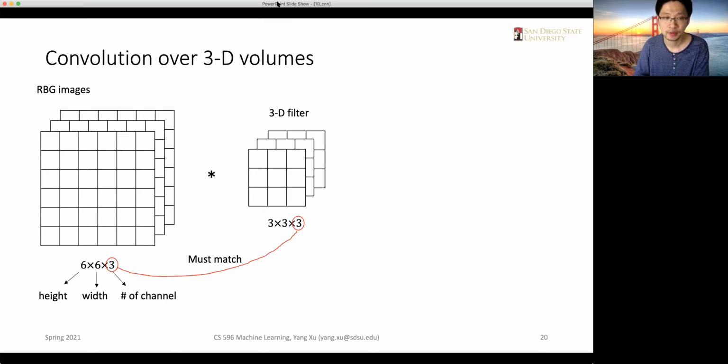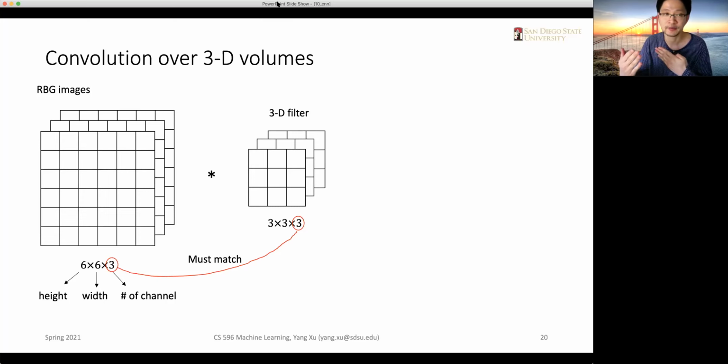You're wondering why we say matched channels. Why not just say they must have 3 channels? Because sometimes the input can have more than 3 channels. You will see that the output of this convolution operation can be a volume that is even deeper or even thicker, that has more than 3 channels.